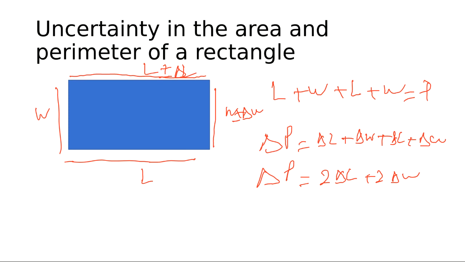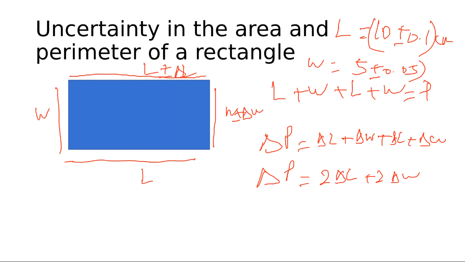Once again, if you use the earlier numbers I gave you, L is 10 plus or minus 0.1 centimeters, and for the width, I gave you 5 plus or minus 0.05 centimeters. If you use these numbers, delta L is 0.1, so you do 2 times 0.1 plus 2 times delta W, which is 0.05.